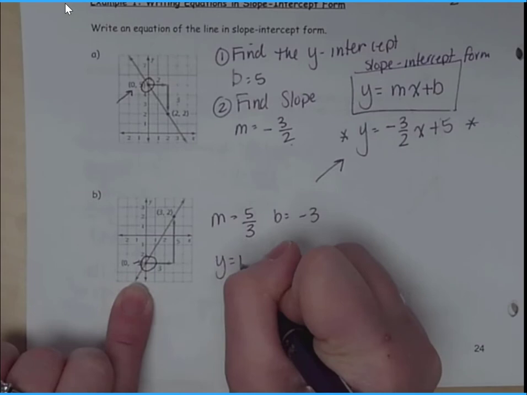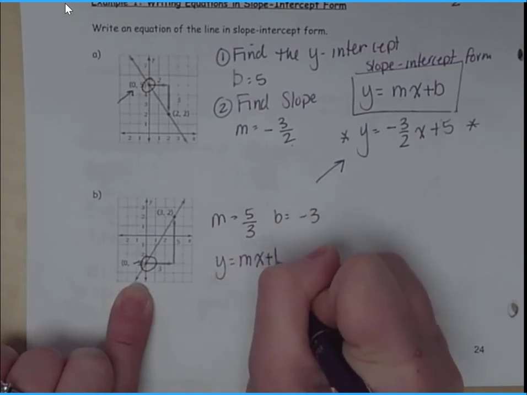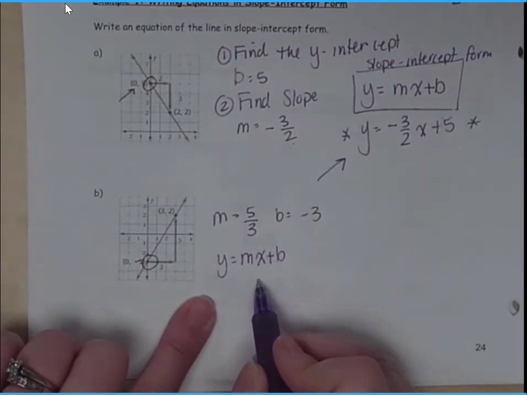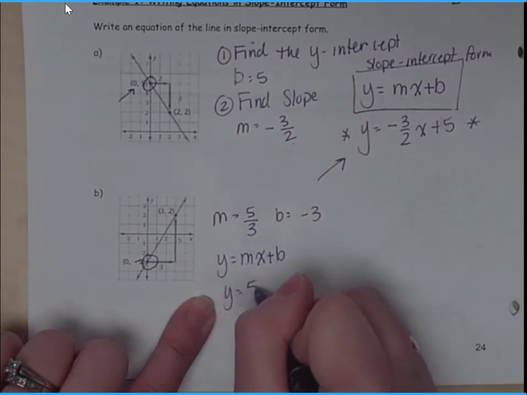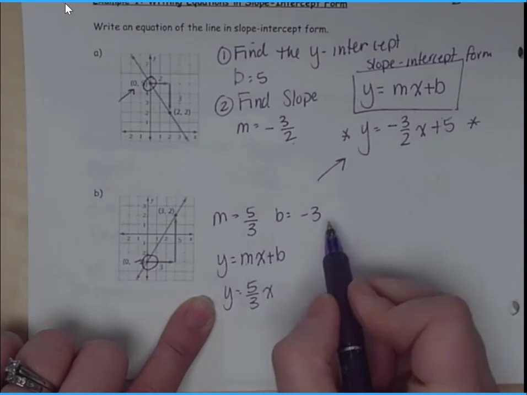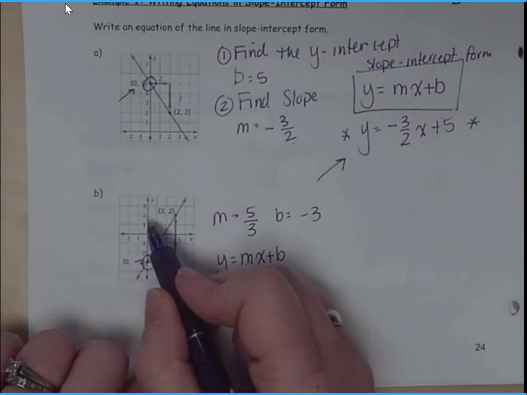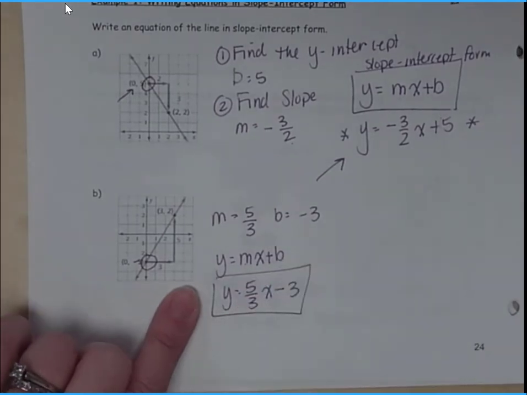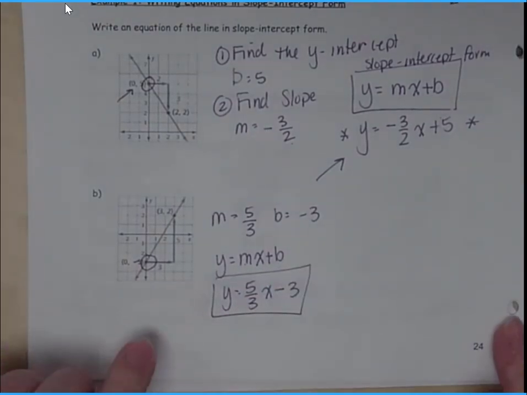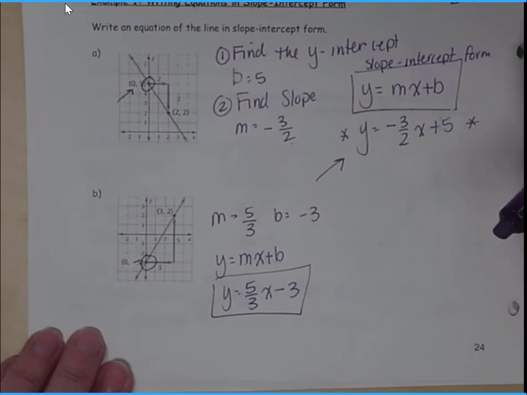So if I'm still looking at the slope-intercept form, I have y equals mx plus b. So now all I have to do is replace m and b. So I've got 5/3 x. Now keep in mind this is at negative 3, so I have minus 3. So the equation of this line is y equals 5/3 x minus 3.